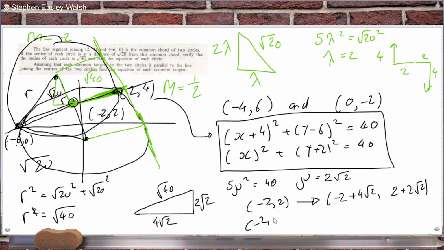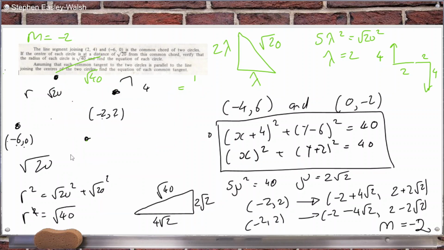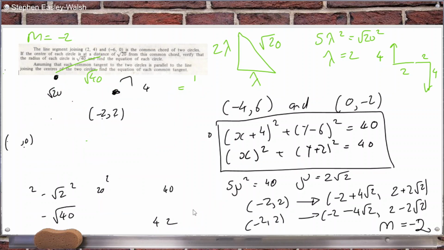And then going the other direction, that would be minus 2 minus 4 root 2, and 2 minus 2 root 2. No, the slope is this line here, the perpendicular one, so the slope is minus 2. Okay, so we have the points and the slope, so it's a simple matter now to get the lines. Let's do that.